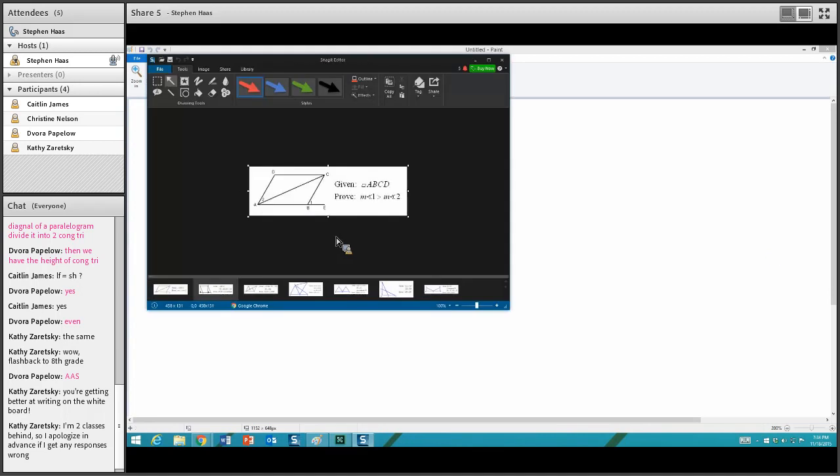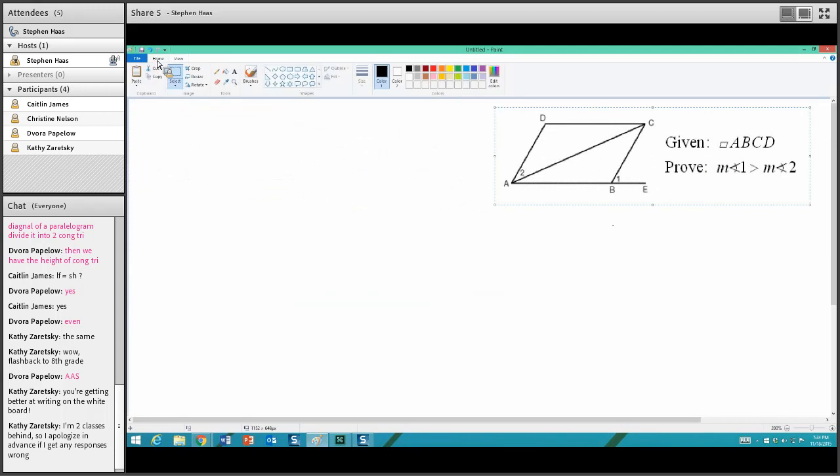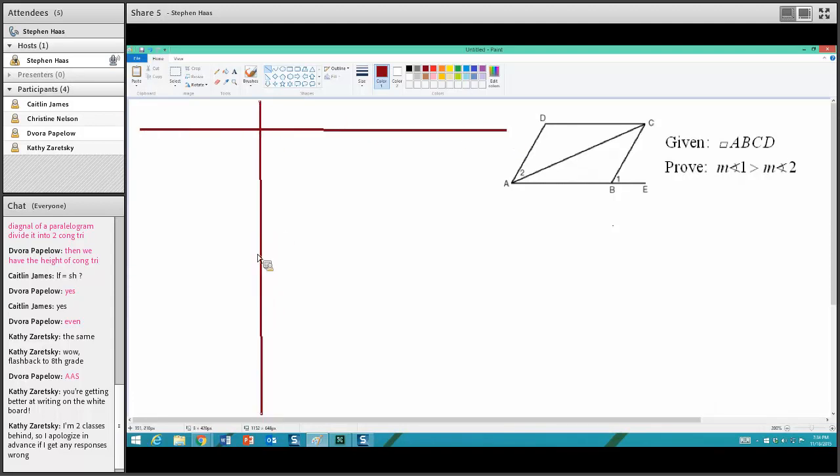I've done enough of these. All right, let's make our little chart here. Okay, fine. All right. What do we got?